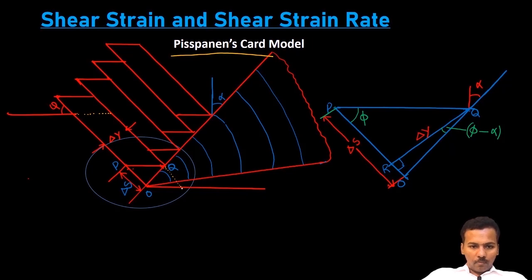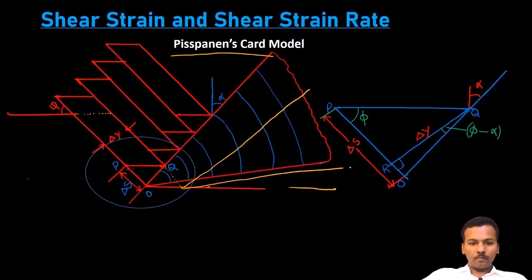When the chip moves, suppose initially the tool was this way, then when it moves from here to here, the material is removed and transformed into this material. So the position shifts from here to here.